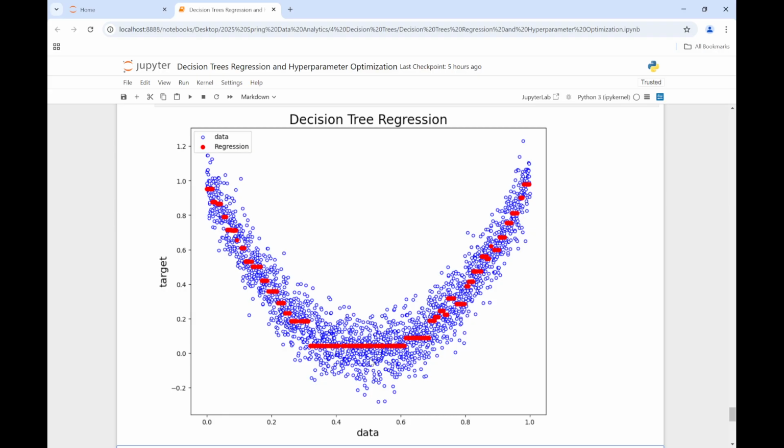So grid search cross-validation allows us to evaluate multiple combinations of hyperparameters, and by specifying a certain performance measure, we can choose the best combination for our specific task or our specific data set. So that's largely what I wanted to share with you as far as decision tree regression is concerned.